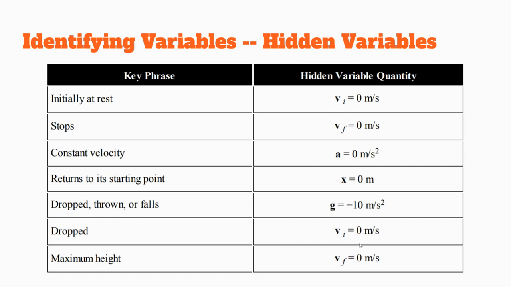When something is dropped or falls, it means gravity, or acceleration, is minus 10 meters per second squared. Also, when it is dropped, the initial velocity must be 0. And when something reaches the maximum height, the final velocity is 0 because it has to go down.